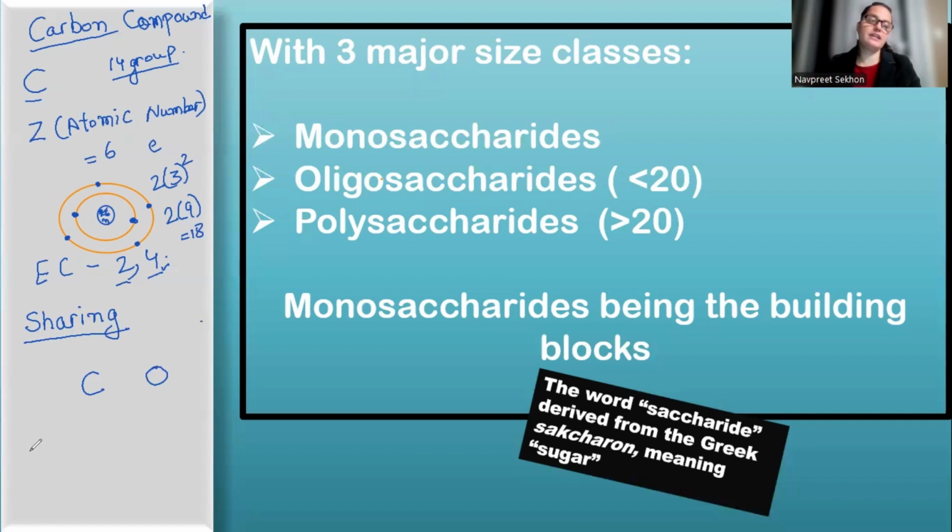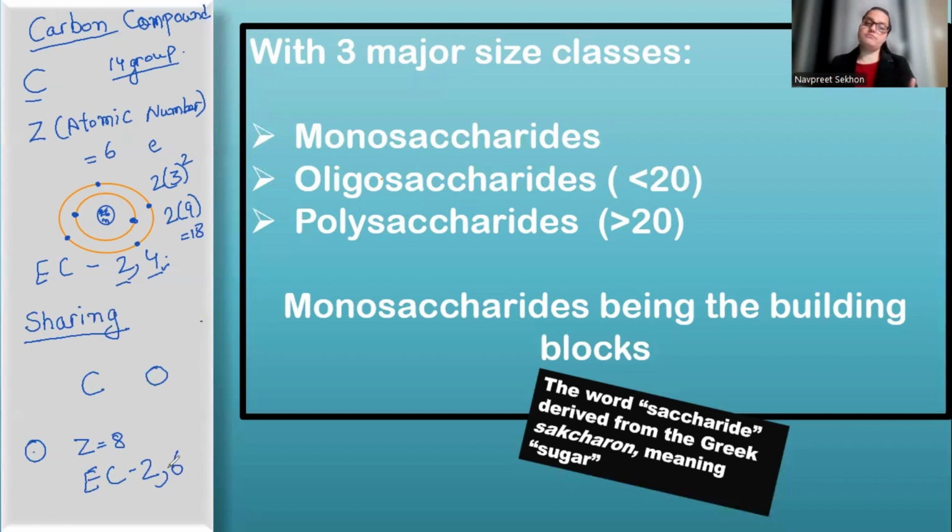That I need 4 electrons. And if we see oxygen, oxygen has atomic number 8, which makes its electronic configuration 2 electrons in the first shell, and 8 minus 2, we are left with just 6 electrons in the next shell, right?